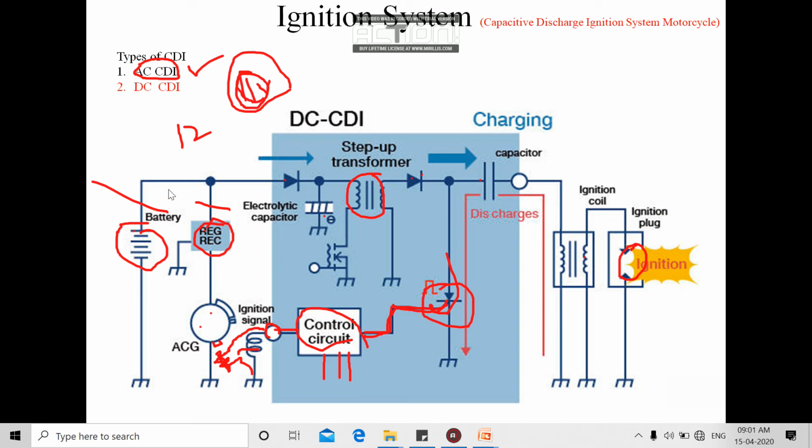But the battery is needed. So in those cases, the vehicle control unit takes input from various sensors: the engine coolant temperature sensor, throttle position sensor, or engine RPM sensor. From those they are taking input. So even though they have the control unit, to make the control unit work effectively and without any fluctuation of voltage supply, we require the battery.